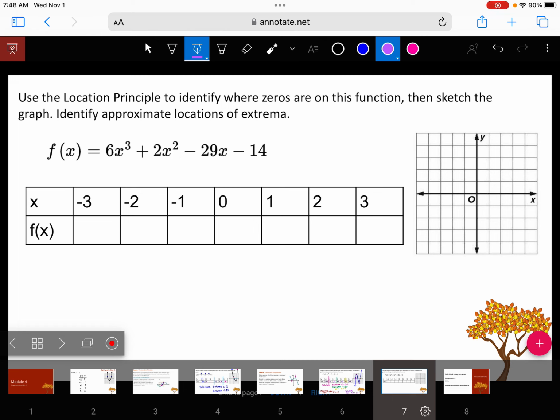So we're going to substitute these in. So use our calculators. 6x cubed plus 2x squared minus 29x minus 14. And we're going to do everything from -3 to +3.